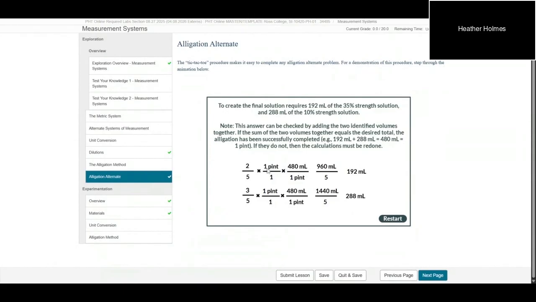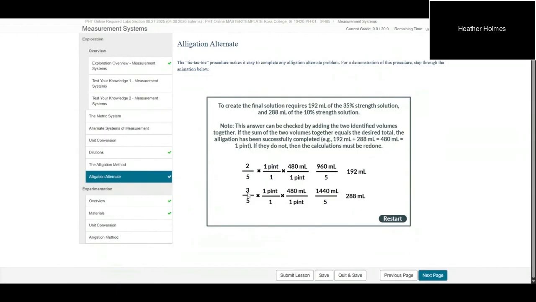And once you have your number set up, you would just be multiplying across. So it would be 2 times the 1 times 480, and then be 5 times 1 times 1, which would be 5. And then you just simplify this, which gives you the 192 mLs.